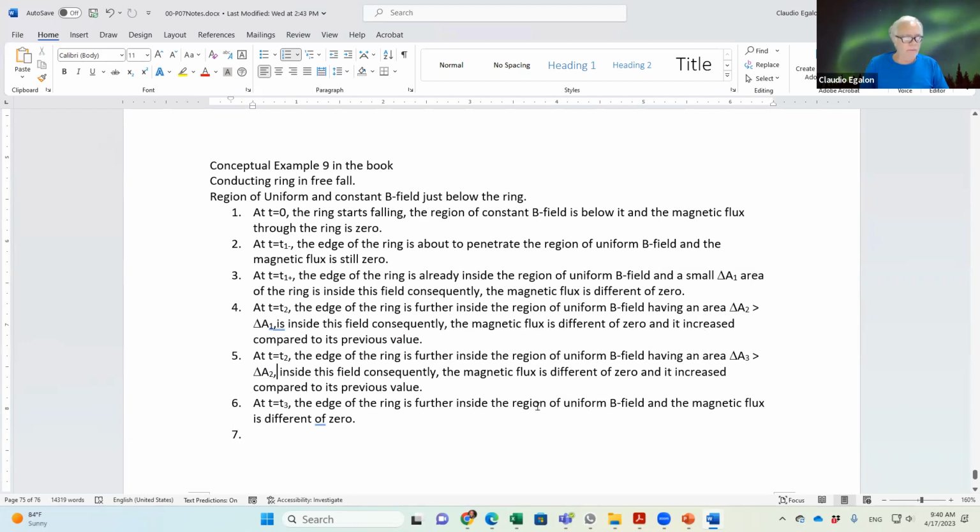Consequently, the magnetic flux is still different from zero, and it increased again.